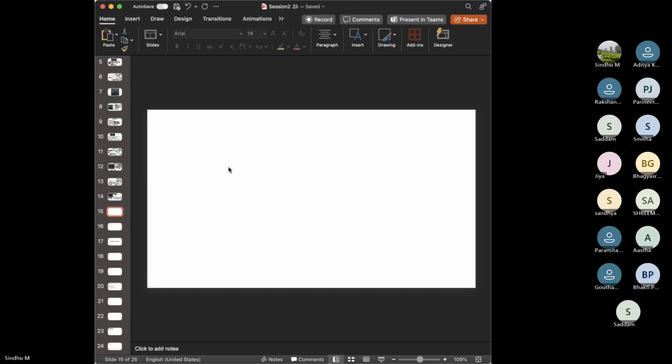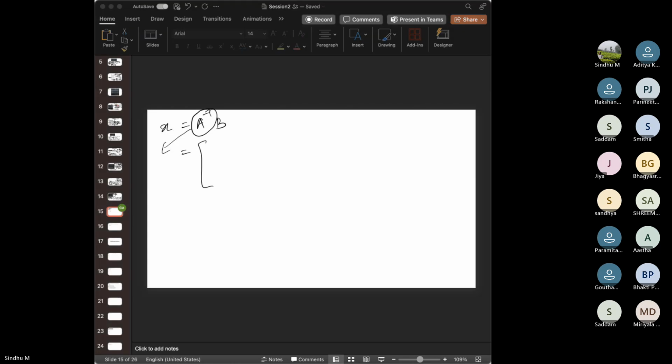We are trying to get the value of A inverse B, and this value we got from the online tool. Which is, I'm just writing it here.